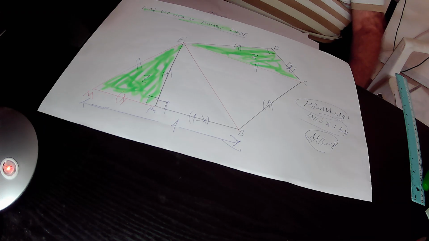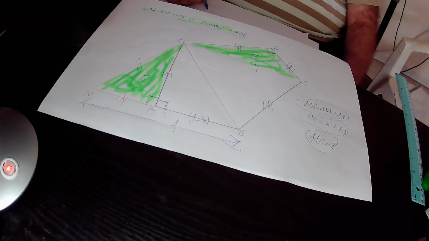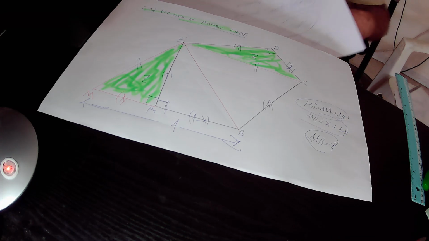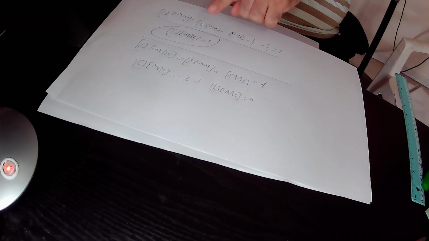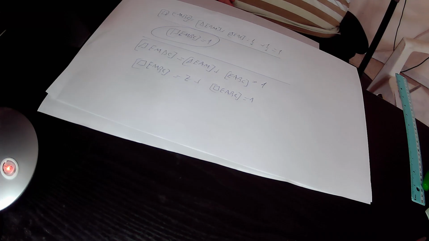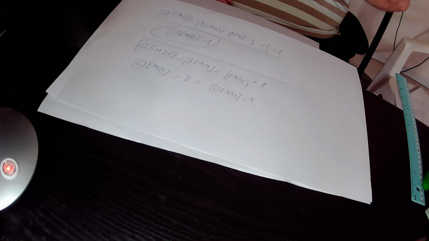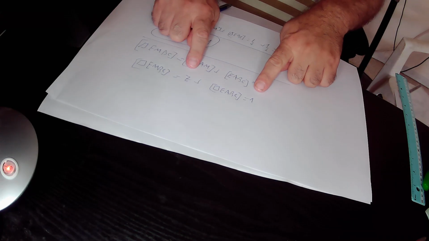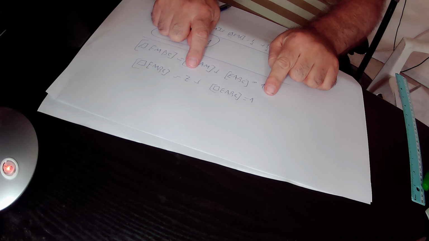And we already found out that the area of the big quadrilateral EMBC is equal to 1. So we found out that the area of the big quadrilateral EMBC is equal to Z, that is the area of the right triangle, plus the area of quadrilateral EABC. So from this equation, we derive that Z plus the area of quadrilateral EABC is equal to 1.